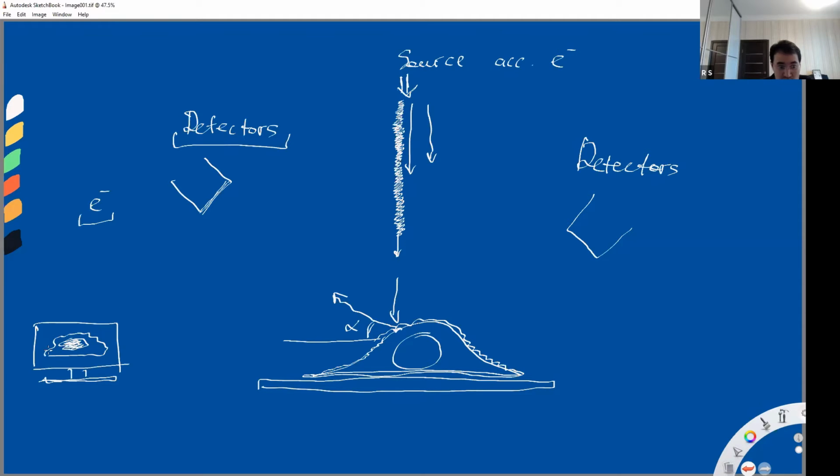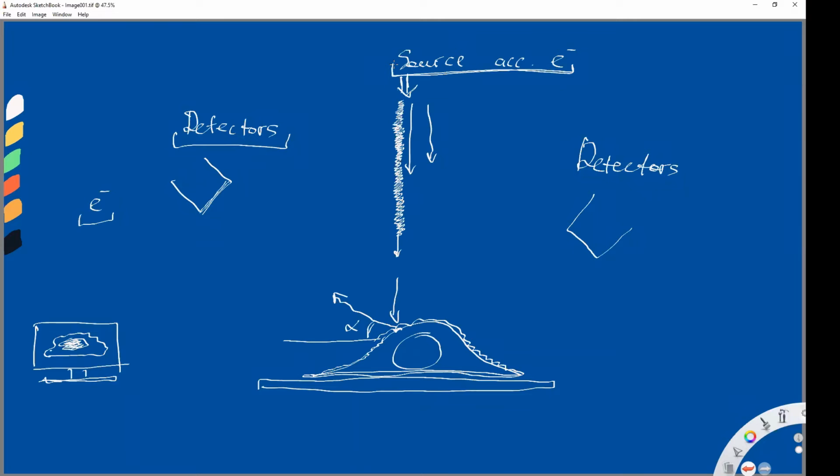That's why we have such detailed images in electron microscopy. So as you see, we have different composition of the microscopes. And first of all, we have different sources of illumination. In one case, we use accelerated electrons.